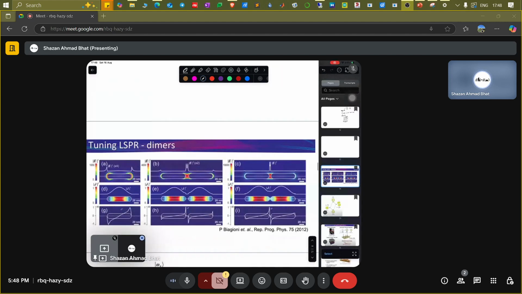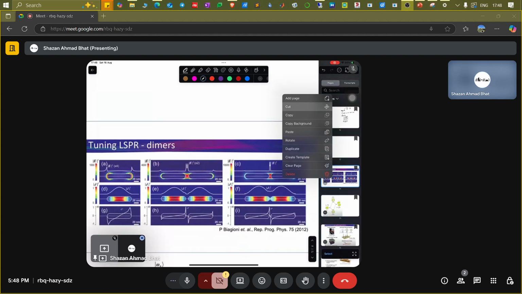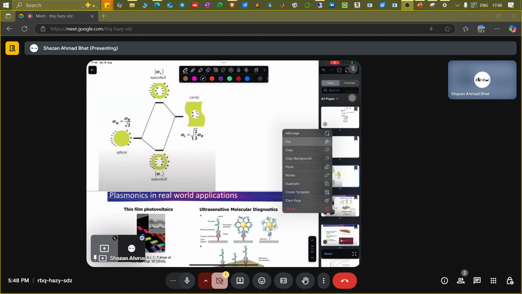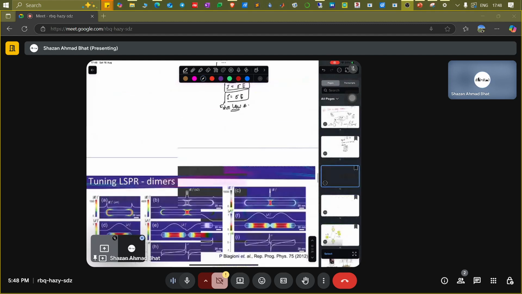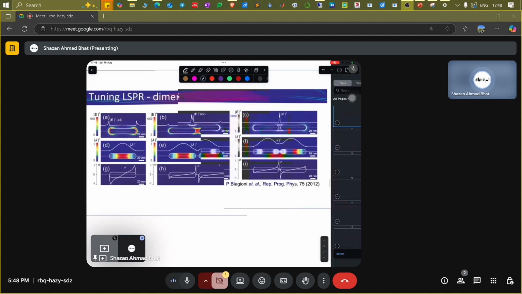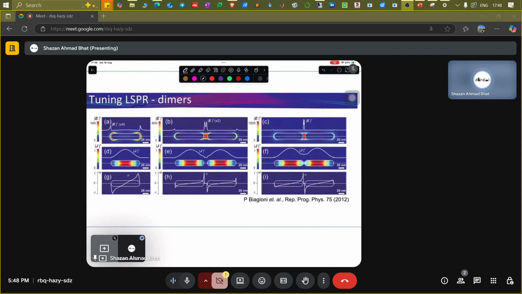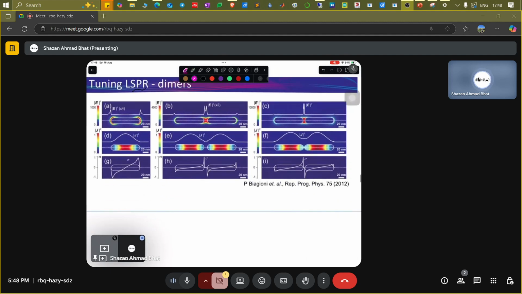This is the particular distribution for surface plasmon resonances of different dimers. Let me cut this page here and paste it here. Let's say, for example, you have a single nanoparticle of this shape, and then you have nanoparticles like these, and the red area in this first plot is showing the intensity of the electromagnetic field.